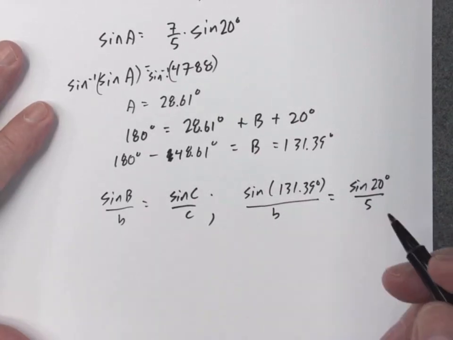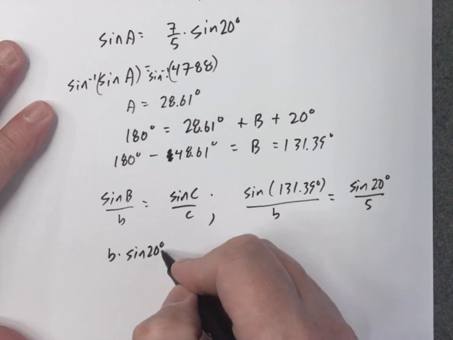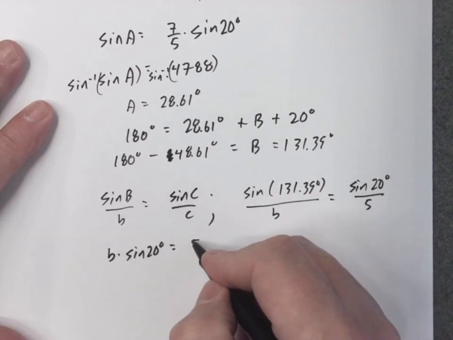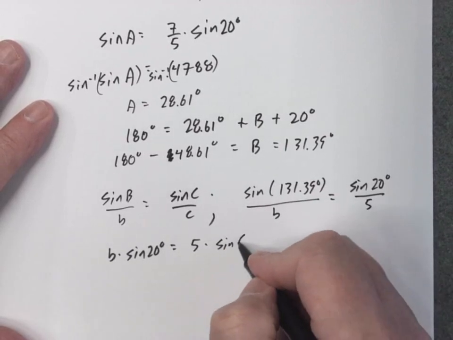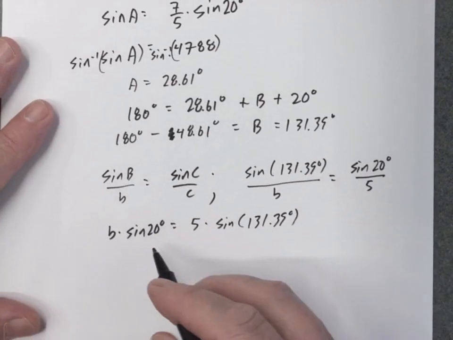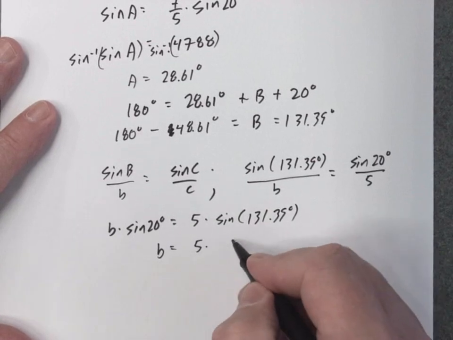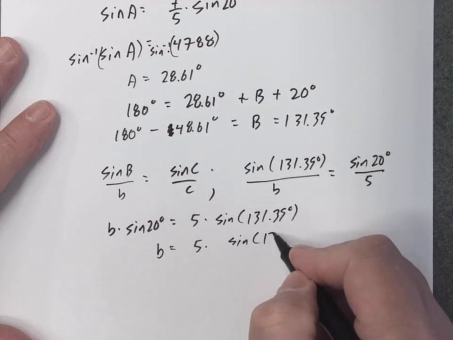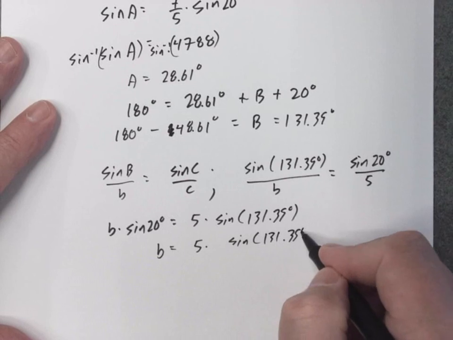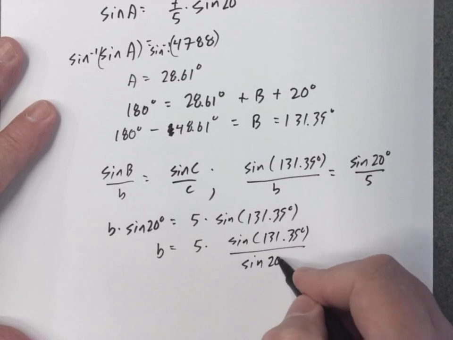So now if we cross multiply, B times the sine of 20 degrees equals 5 times the sine of 131.39 degrees. If I solve for B, 5 times the sine of 131.39 degrees over the sine of 20 degrees.